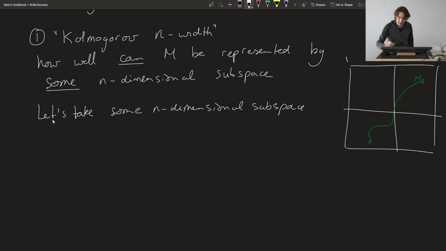So this is again, big N is equal to 2. This is a 2-dimensional problem. And I'll take some 1-dimensional subspace. So let's take this line. Sorry, that was not a very clean line. And that might be a 1-dimensional. A line is a 1-dimensional subspace of the plane.